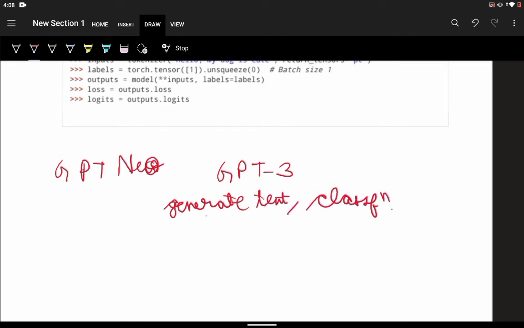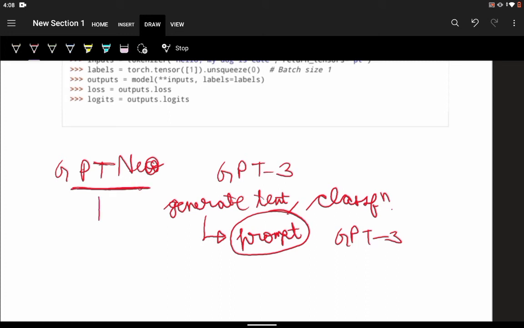So basically you can give inputs as prompts, as in GPT-3. And one more thing about GPT-Neo is that it is pre-trained on an 800 GB dataset, the Pile dataset, right?